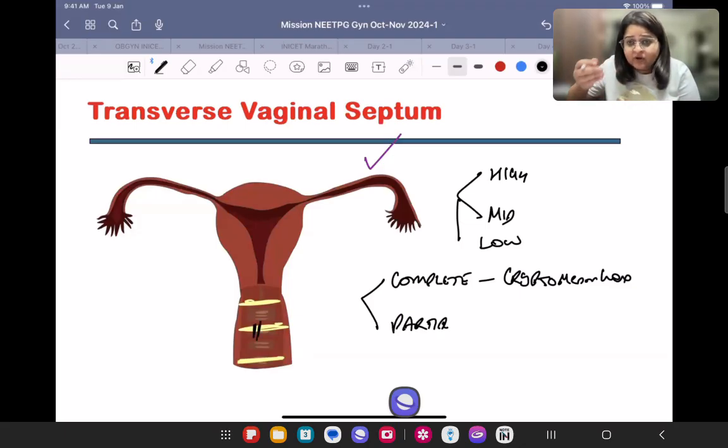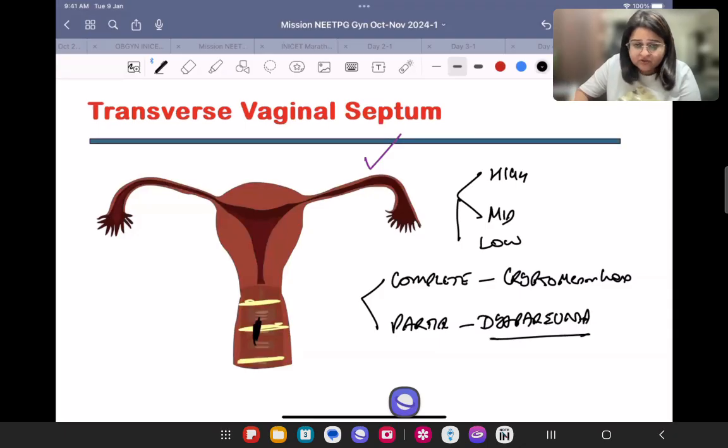So the patient will not have a primary amenorrhea, but she may come with what? What complaint can a girl who has a partial TVS come with? There is an opening here. She can come with dyspareunia or difficult penetrative intercourse. This is one complaint they usually come with, or infertility, because there's an obstruction.